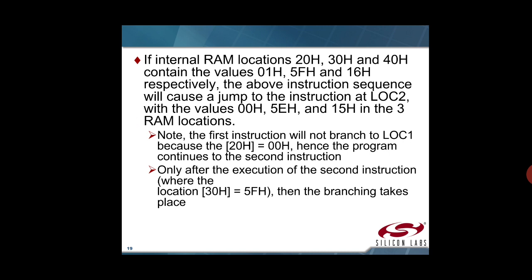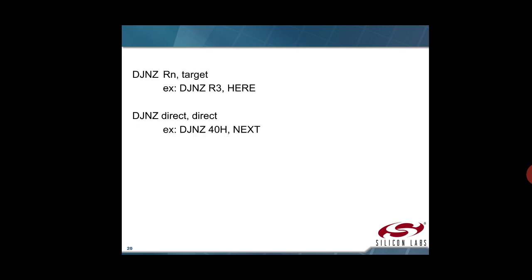Similarly, 5F is decremented by 1. It is not equal to 0, so it goes to the LOC2 label. 16H will be decremented by 1, which is 15H. It is also not equal to 0, so it will go to the location called LOC3. That is how DJNZ works.